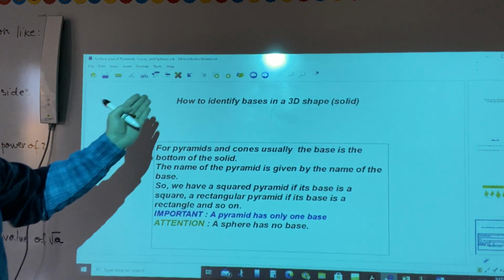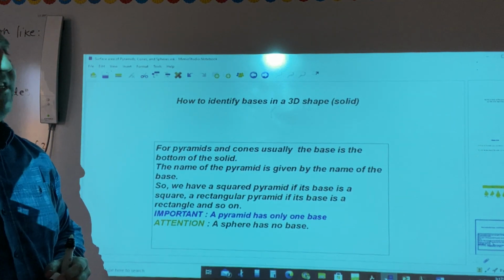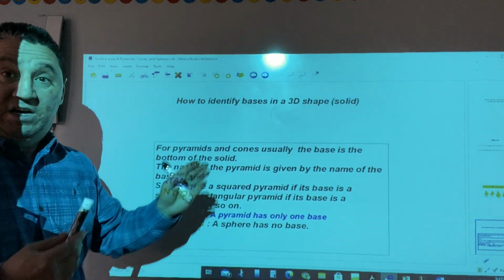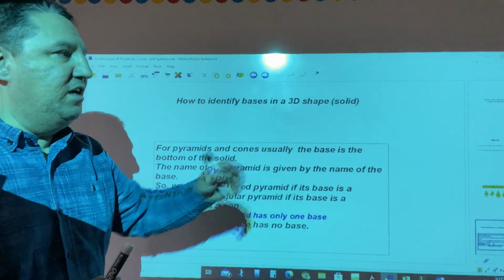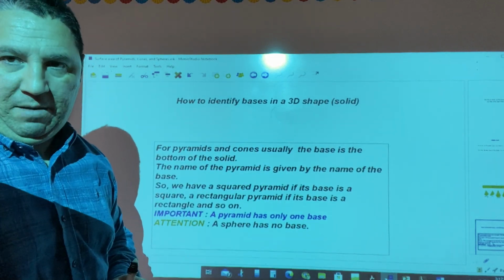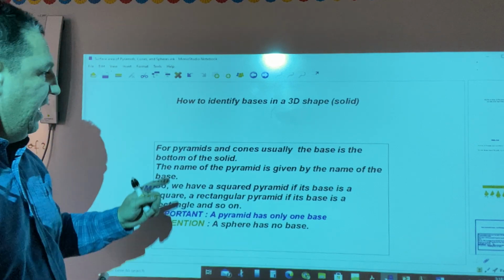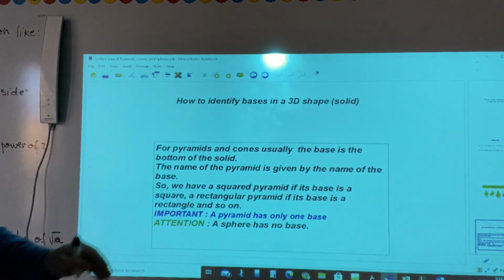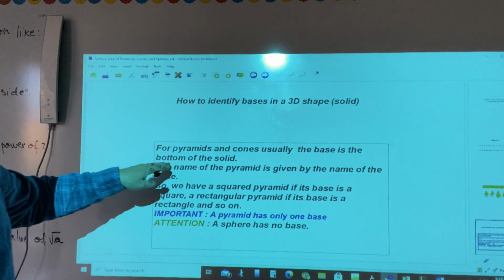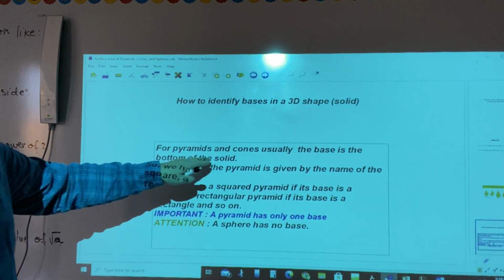Now, for how to identify bases in a 3D solid like the shapes I mentioned earlier. For pyramids and cones, usually the base is the bottom of the solid.